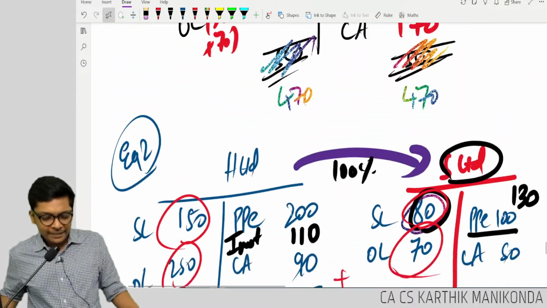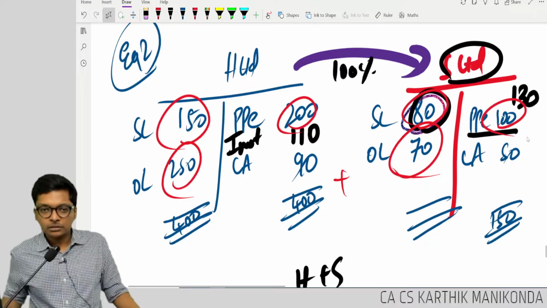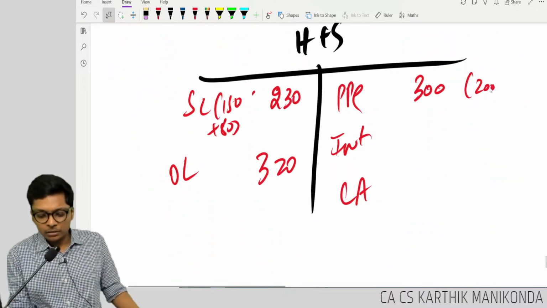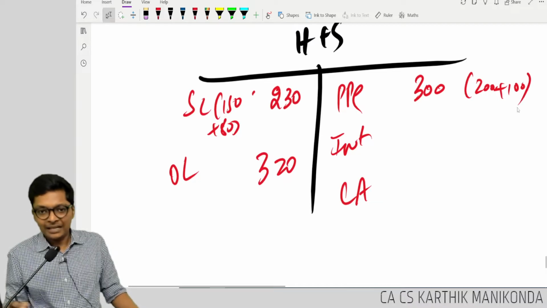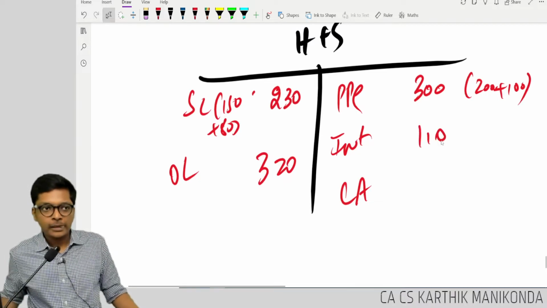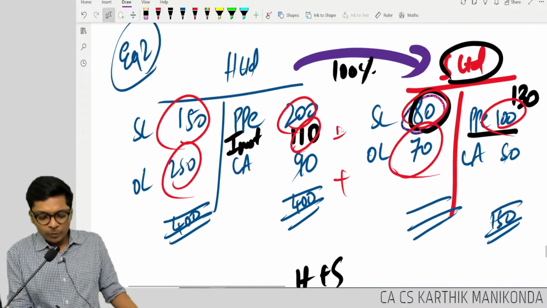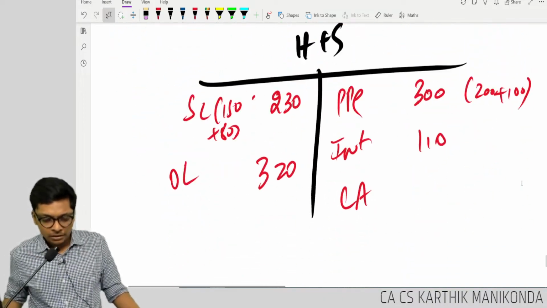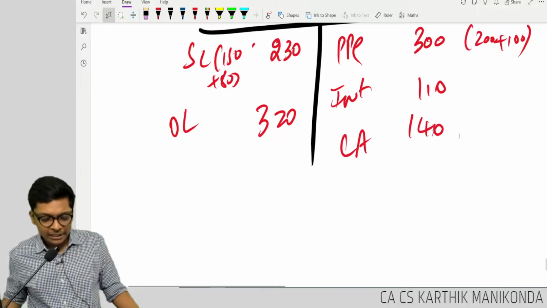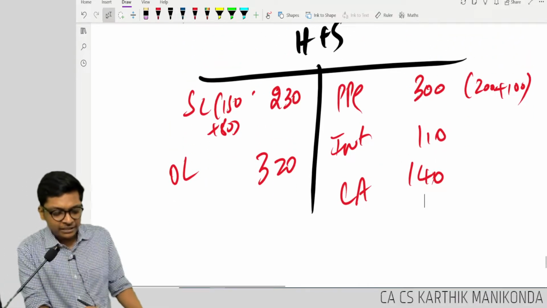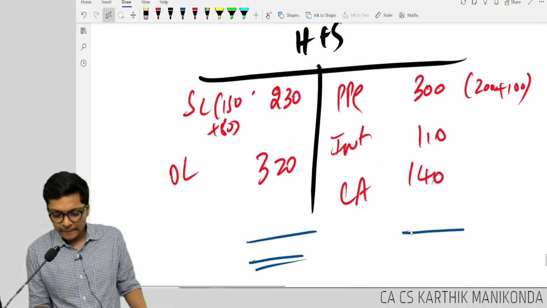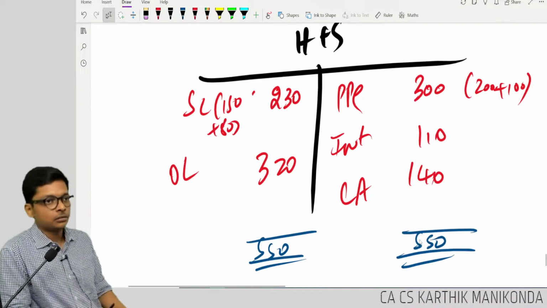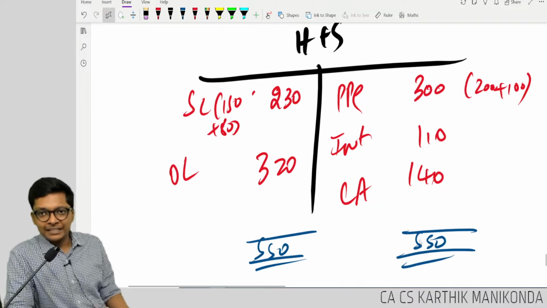PPE. 200 plus 100. 300. Correct? Investments. 110 plus 0 and current is 90 plus 50, 140. Check if this balance sheet is tallying. How much? Tallying. Everybody understanding till here?